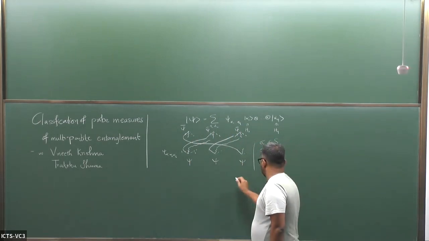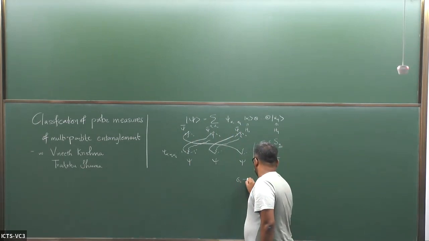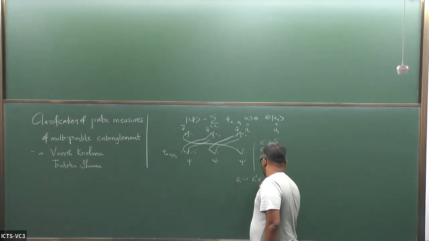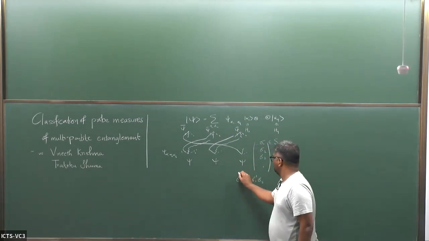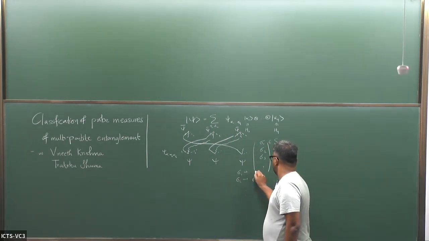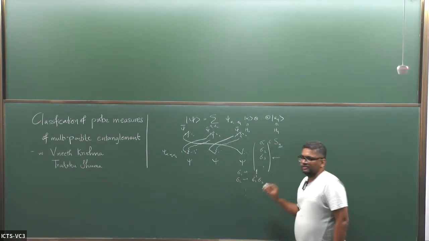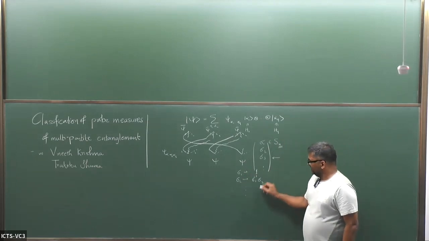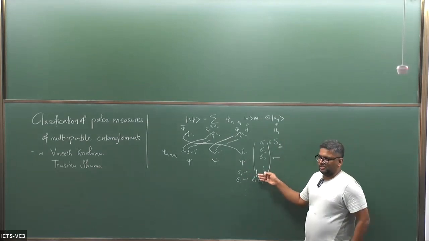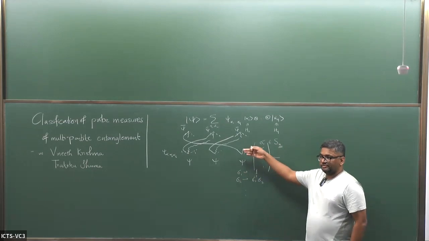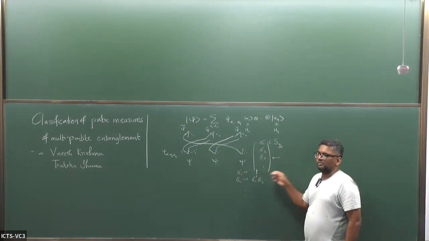Then sigma 2 will go to sigma 1 inverse sigma 2 and so on. So sigma 1 will go to 1 and the other elements will go like this, right? So you can gauge fix some of the freedom that you had by setting sigma 1 to 1.